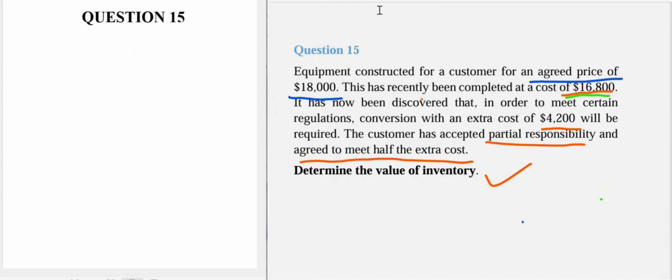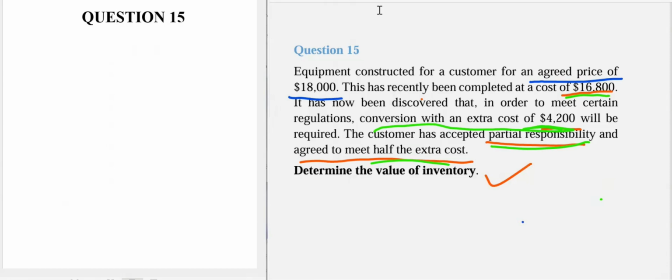And then we're told that there will be conversion with extra cost, which is like cost to complete in a way. Do you get it? Something like that will be required because before it can be sold, they have to meet certain regulations, and then that will bring extra cost, right? And the customer has accepted partial responsibility and has agreed to meet half of the extra.